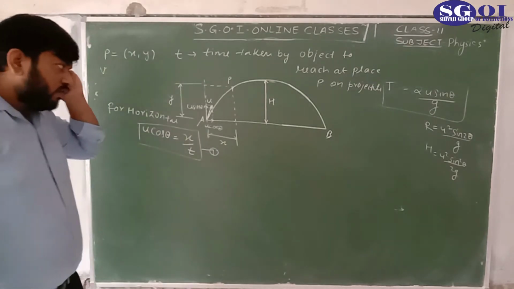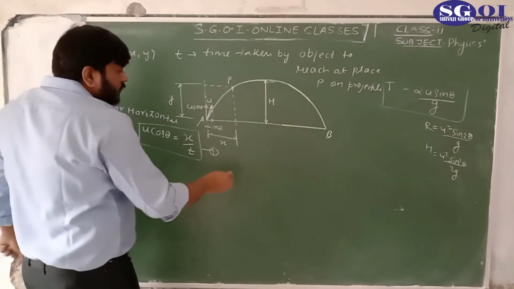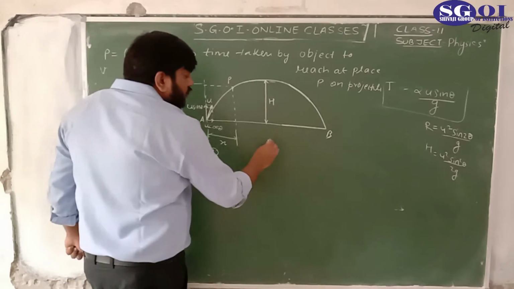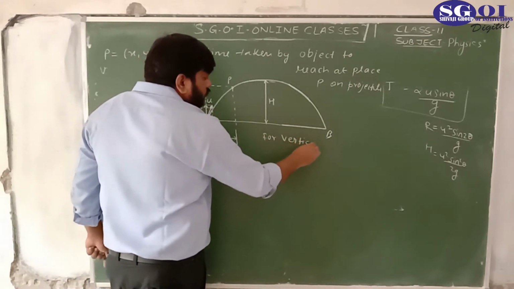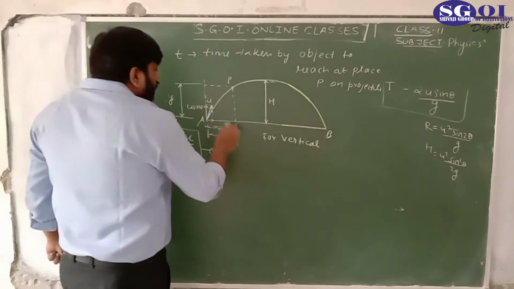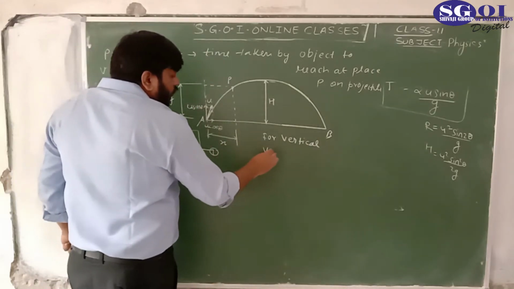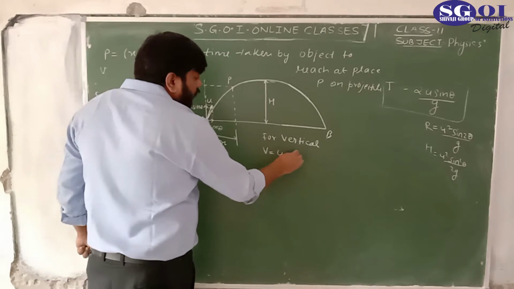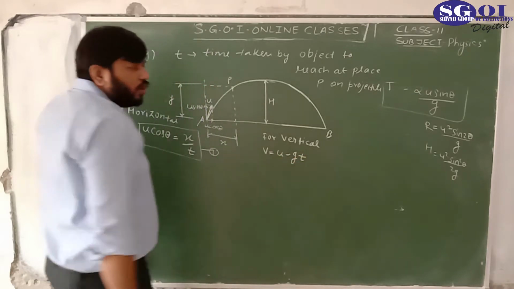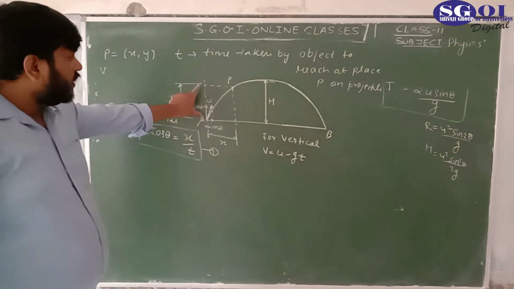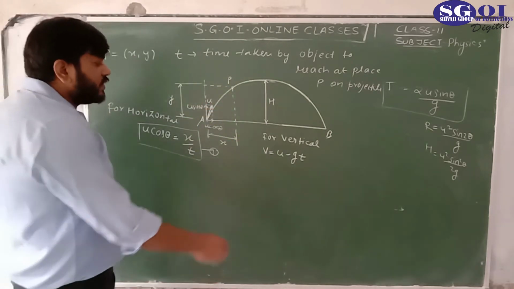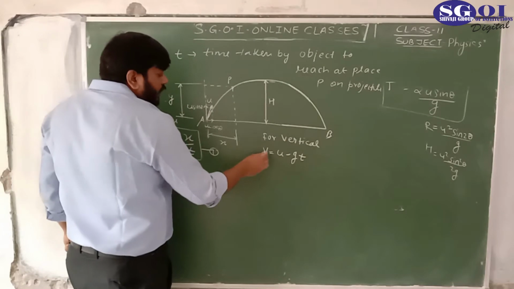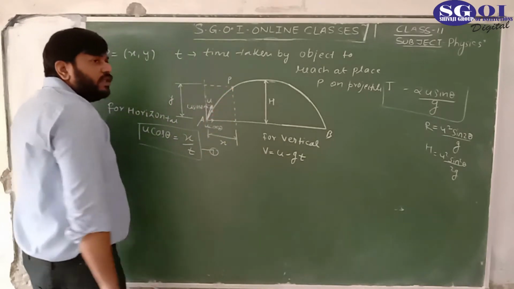And now for the vertical case, because there is a gravity effect, v equal to u minus gt, because the time to cover the vertical and horizontal at a particular point is the same. So this is t also, and v would not be 0.